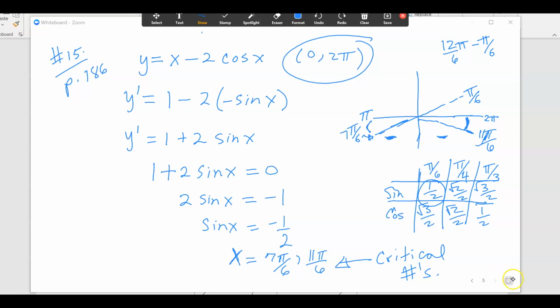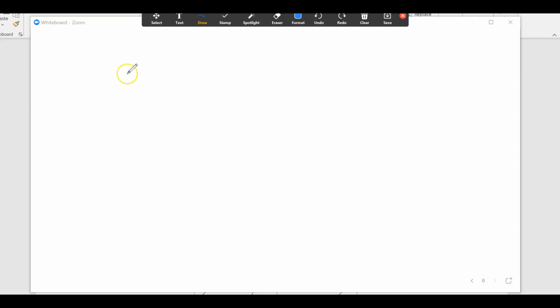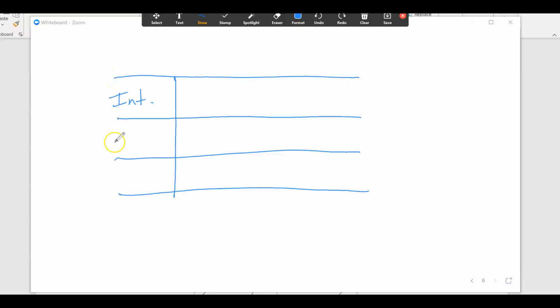Alright, so now that we have the critical numbers, let's see if we can set up our test intervals. Our test values. Then we need to find the sign of our derivative. And then we need to come to some conclusion.